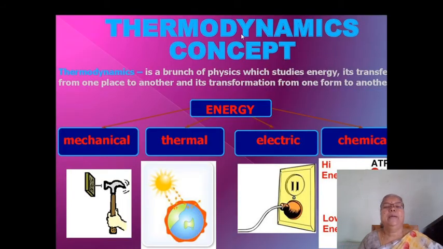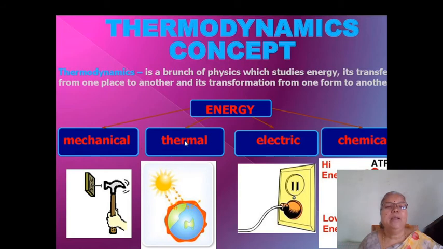Then in short, thermodynamics deals with the quantitative study of heat and different other forms of energies. Here: mechanical energy, thermal energy, electric energy, chemical energy. Remember well, all these energies are distinct and different, and all these energies are interconvertible.